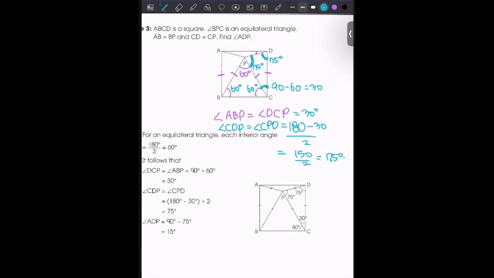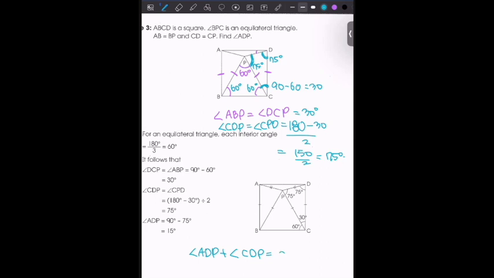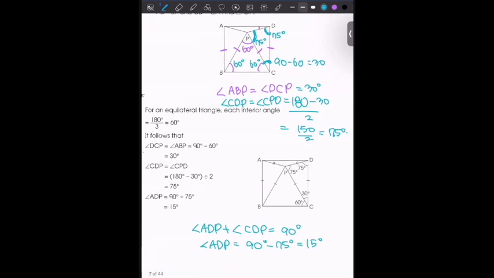And so we know that angle ADP plus angle CDP is going to equal 90 degrees. And we know that angle CDP is equal to 75. So angle ADP is going to be 90 degrees minus 75 degrees, so it's going to be 15 degrees. So angle ADP is 15 degrees.